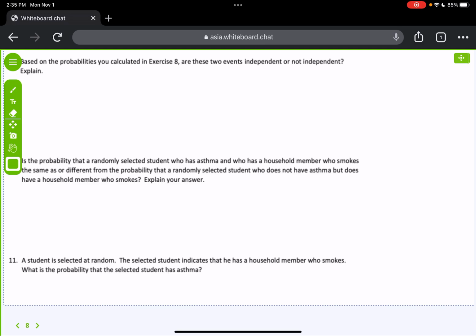Page 8. Based on the probability you calculated in exercise 8, are these two events independent or not independent? So they would be not independent, because the conditional probabilities needed to be what?